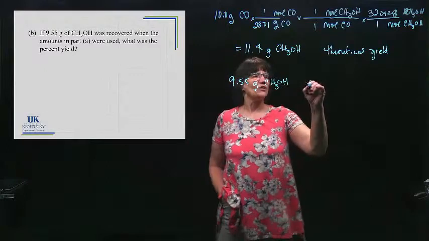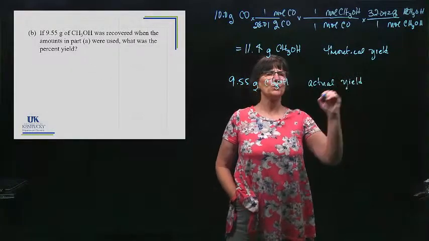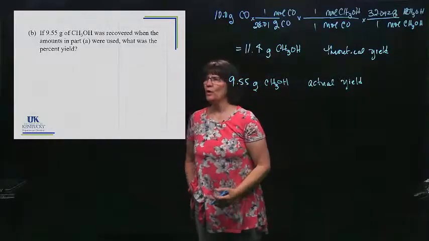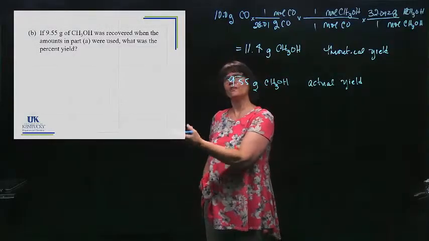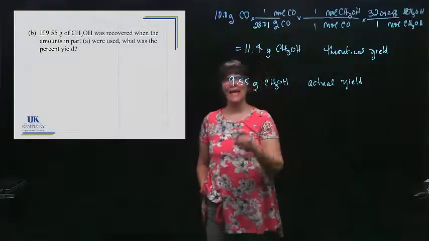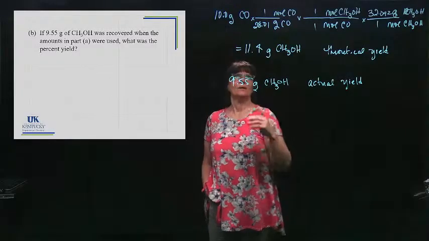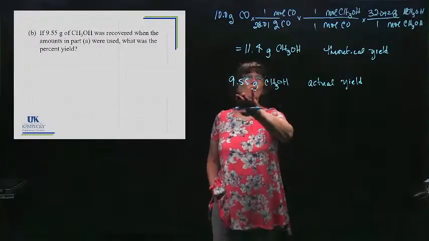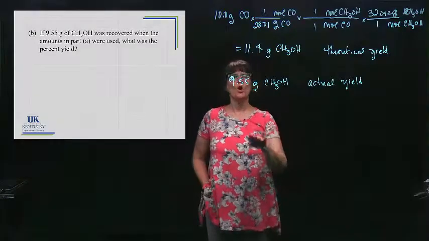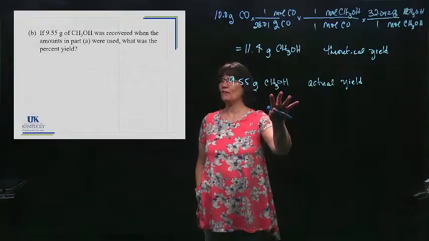Well, that's the actual yield. And they won't always say, hey, the actual yield is, and give you a value, but they'll give you words that tell you you collected it. You went into the laboratory and obtained it. So words like collected, obtained, was produced. It'll tell you how much, okay? We're not going to send you in the lab to figure out what the actual lab yield is. We would have to give that to you.